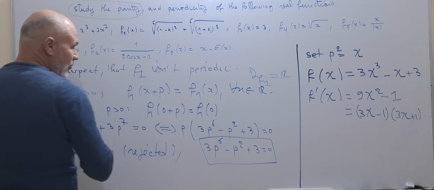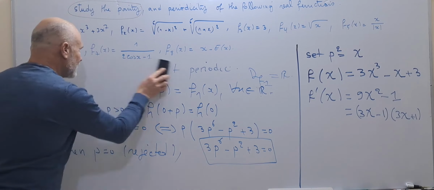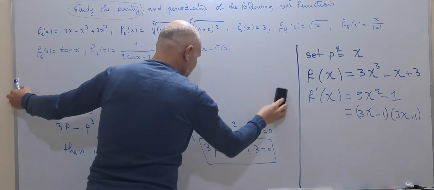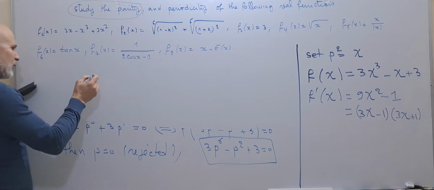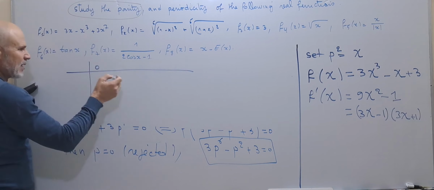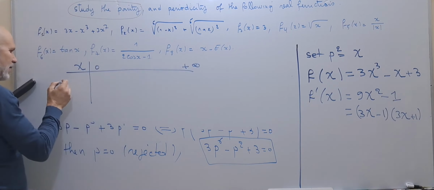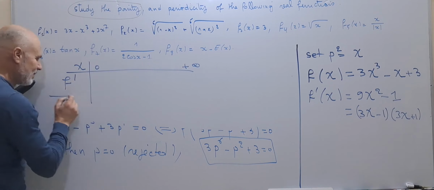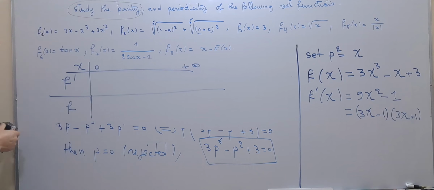We set up the table of variation from 0 to plus infinity. Here we have chi, here we have f prime, and here we have f.